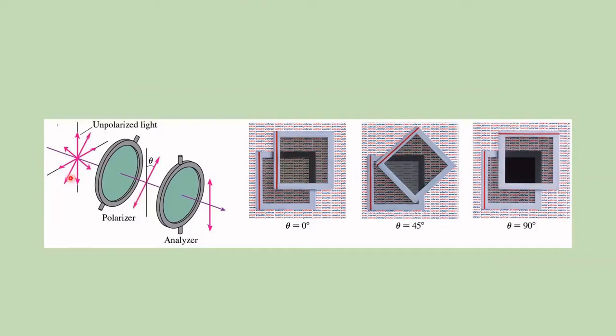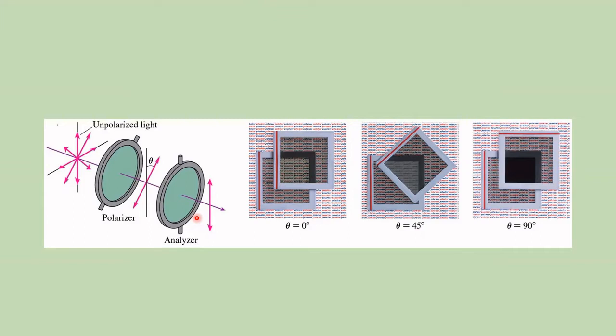So I don't want to give you the impression that none of these pass at all, except for the one that's already lined up. Each of them may have a component along this axis, and that component gets passed. Okay, then whatever comes out of the polarizer is allowed to pass through the analyzer. There's no physical difference between the filters.